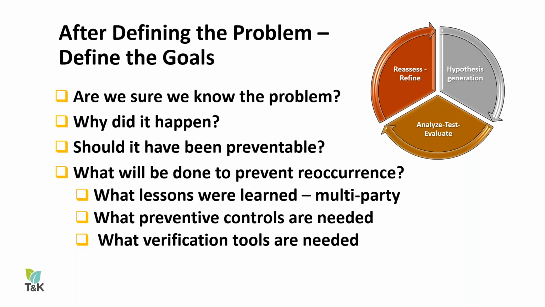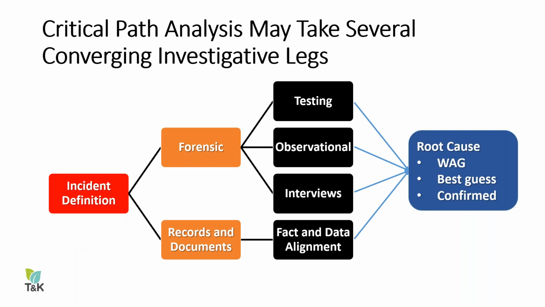So it's all about developing a hypothesis, or multiple ones, which is more likely going to happen, to analyze, test it, evaluate it with all the information that might be available, and then see whether it fits, reassess it, and refine.